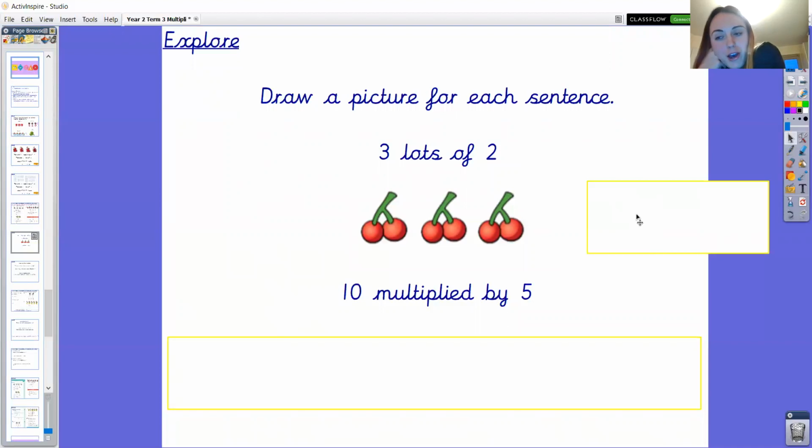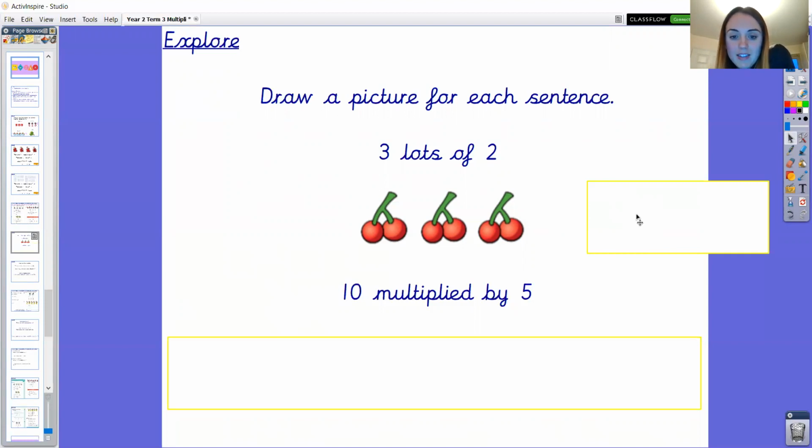I wonder what the total is, Year 2. Brilliant. Should we answer in a full sentence and say it together? The total is 6. Fantastic. Okay, you may have even said 6 cherries, which would have been super.